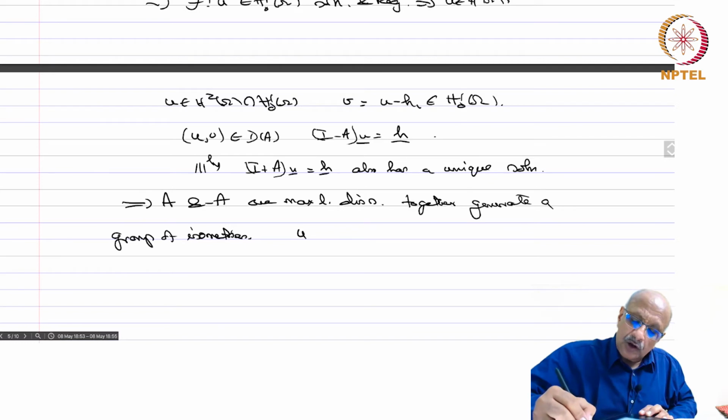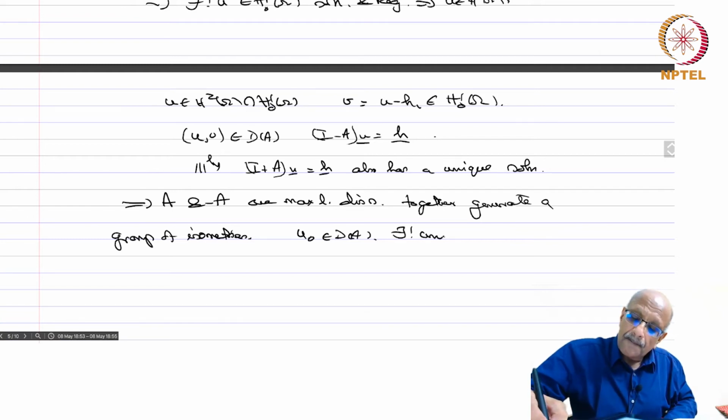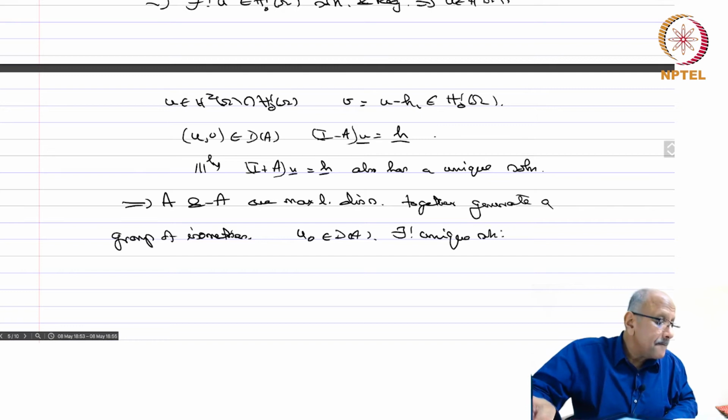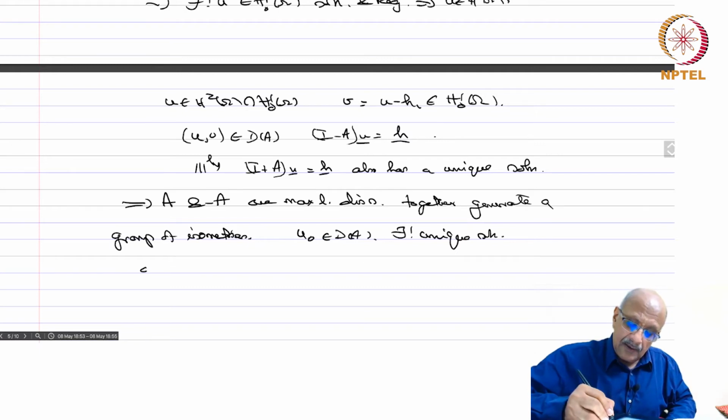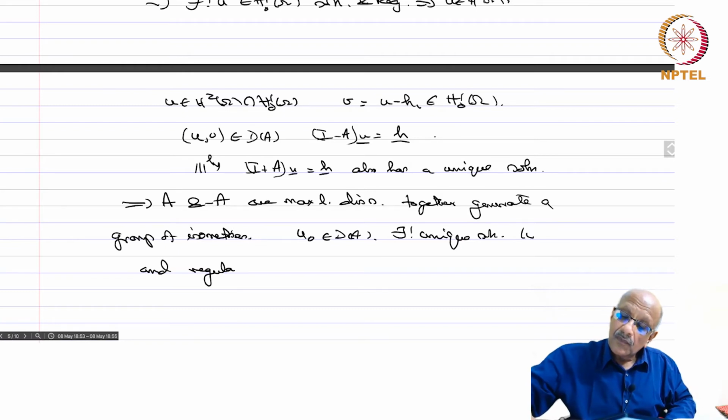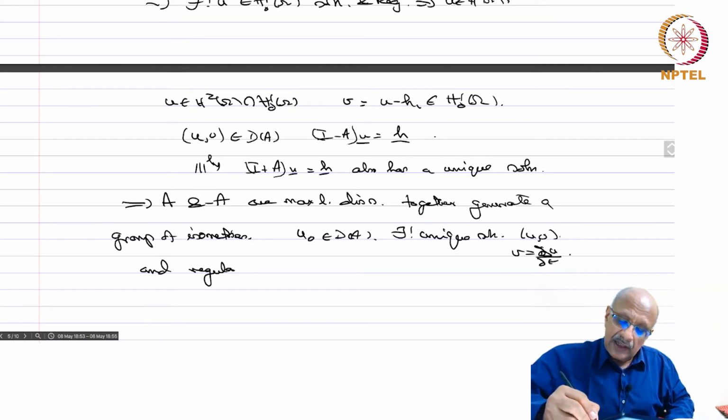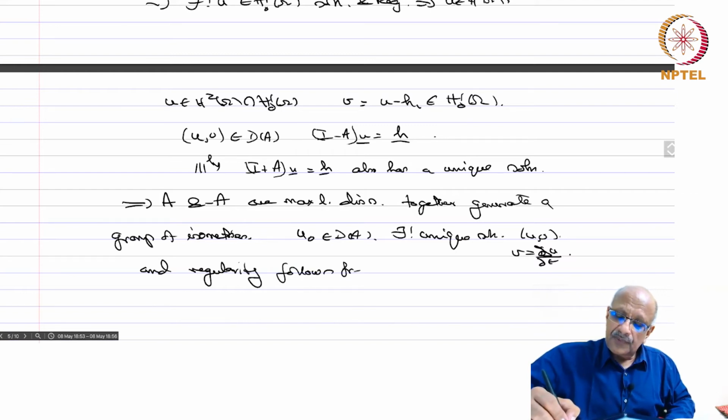So if u0 belongs to D(A), okay, then there exists a unique solution, and v will be du/dt, okay, and regularity follows from the abstract theory.